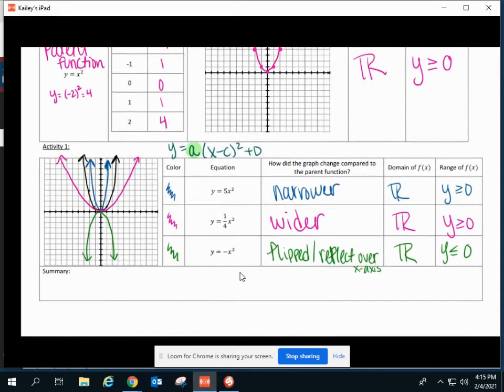So to summarize this, down below, if the absolute value of A is greater than 1, so that means the positive amount of A, if it's a whole number bigger than 1, the graph gets narrower. It gets skinnier.